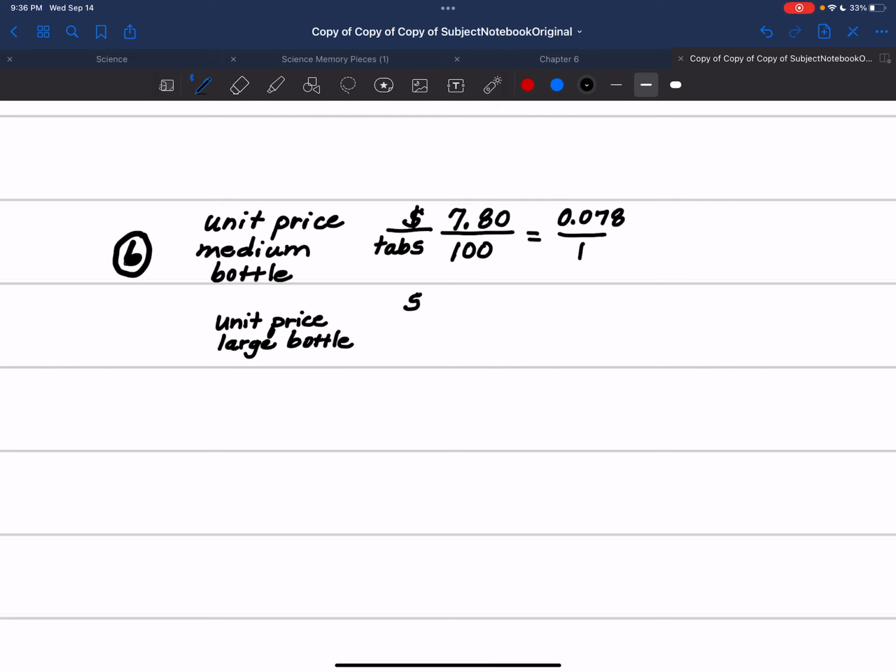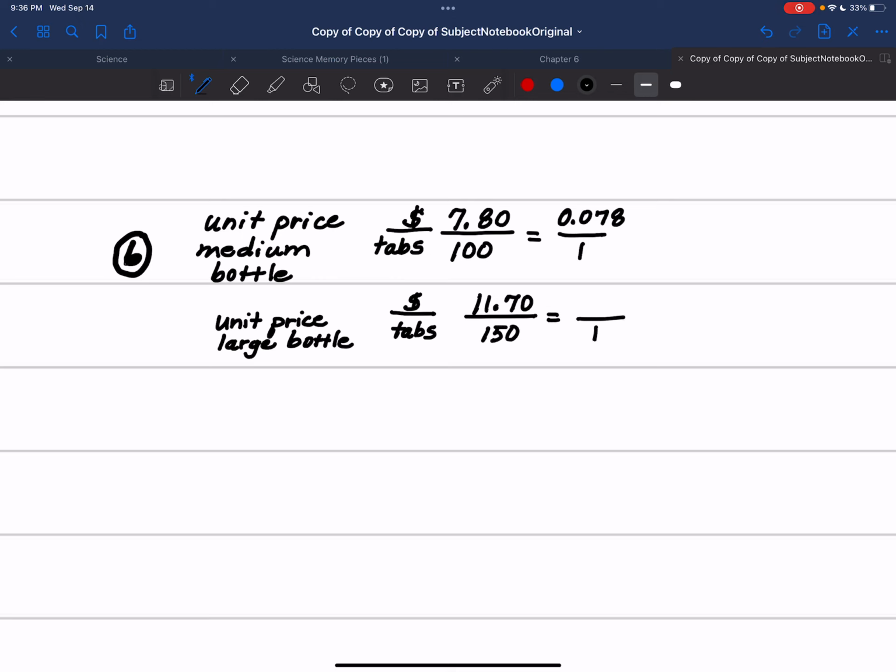And then in the large bottle, we're doing dollars and tabs again. And in this one, the price is $11.70 for 150 tabs. So let's break down that one.